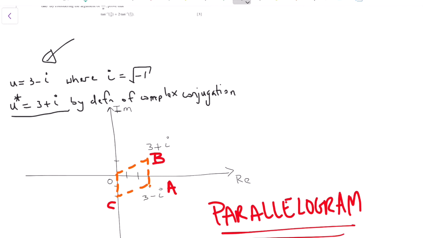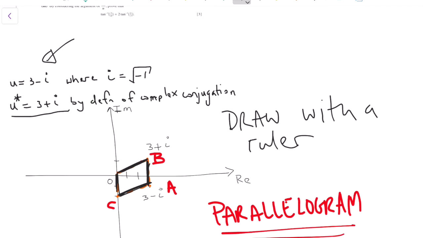This is clear because these two sides are parallel and of equal length, and these two sides are of course parallel and of equal length. What I need to underline here is to draw with a ruler and actually measure out those units.